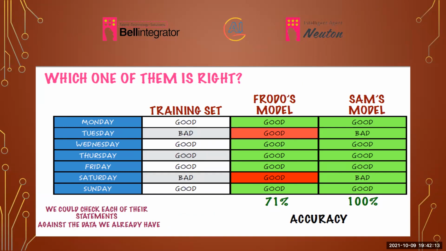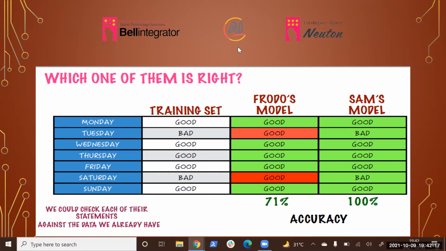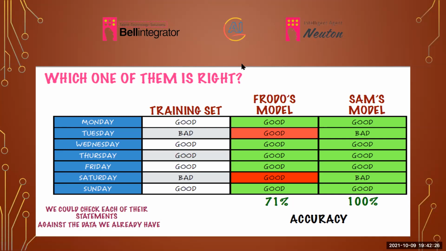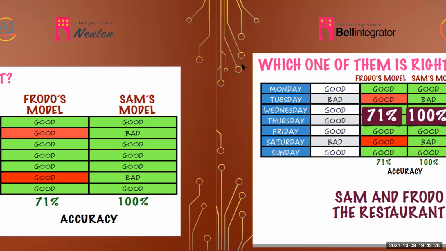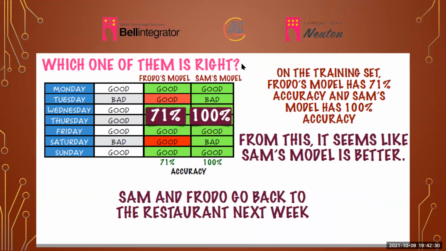So do you guys think Sam is right? Let's see who is right. If you see, Sam's model works best, 100% accuracy. And Frodo's model is at 71%. So Sam's model is looking good.